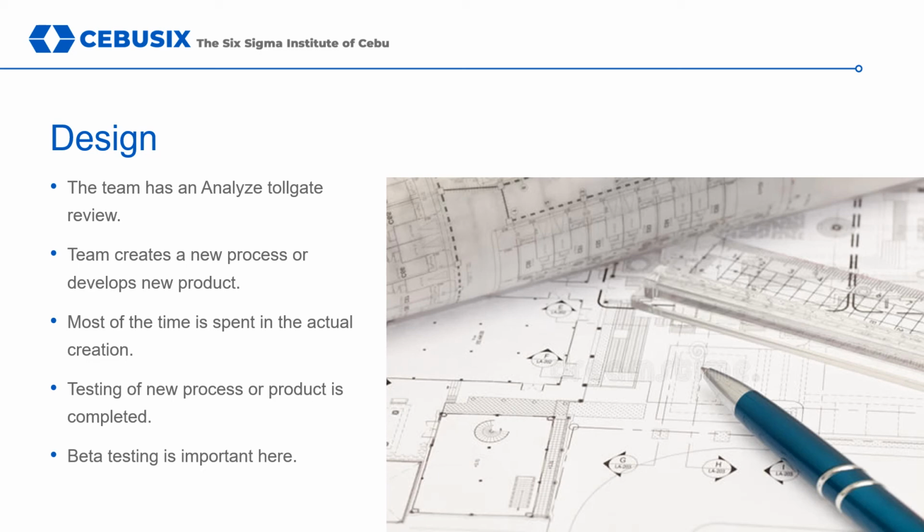Using the plans, instructions, or maps created in earlier phases, the team either creates a product themselves or works with vendors, manufacturers, or other employees to create the product. During design, a team will also test the product, process, or service. Testing can be done in testing environments, in limited production environments, or via beta testing.